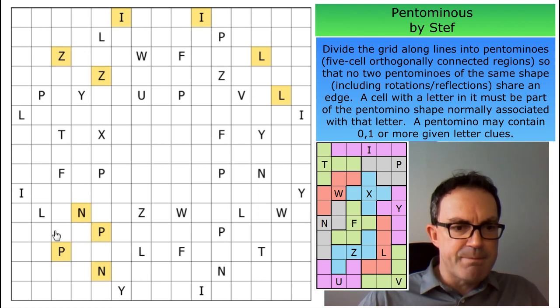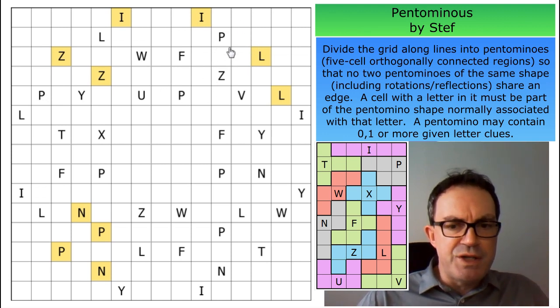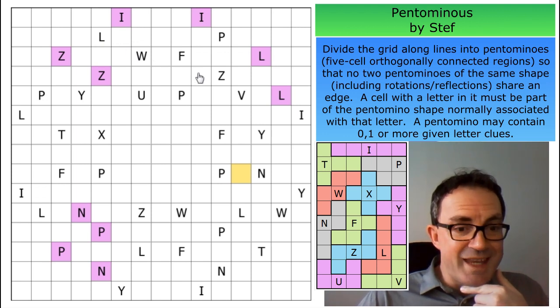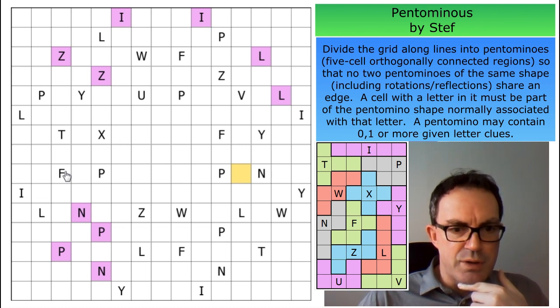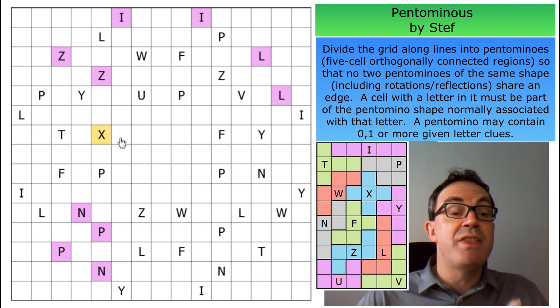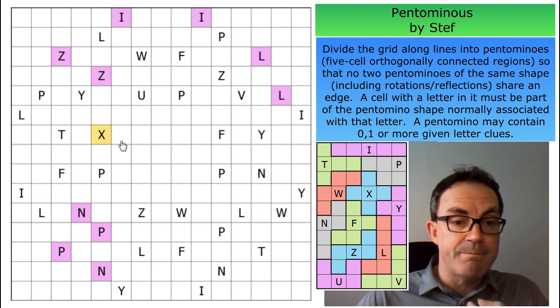N's and P's. So that means the rest of these shapes, let's highlight those for just a moment. The rest of these shapes, I think, can't have a friend that they join to. So each of these would have to represent their own 5 cells in the grid.